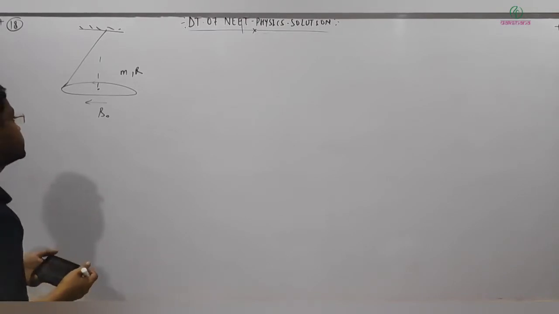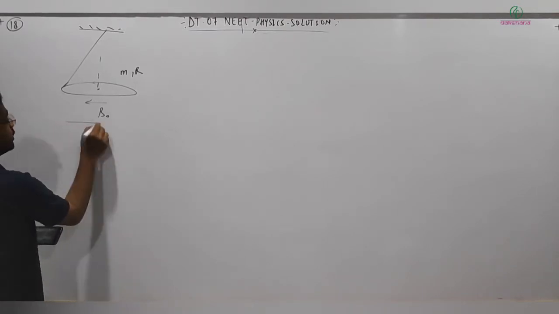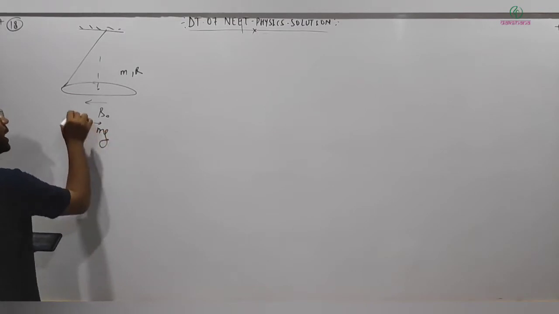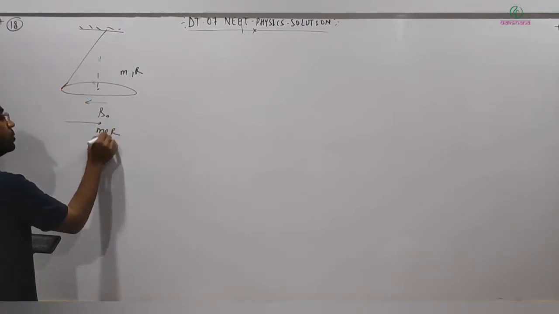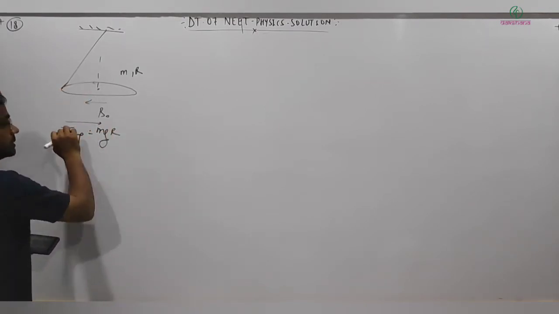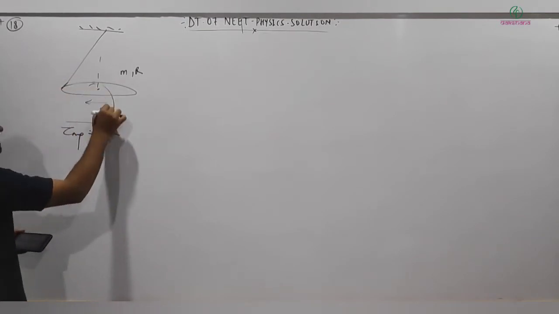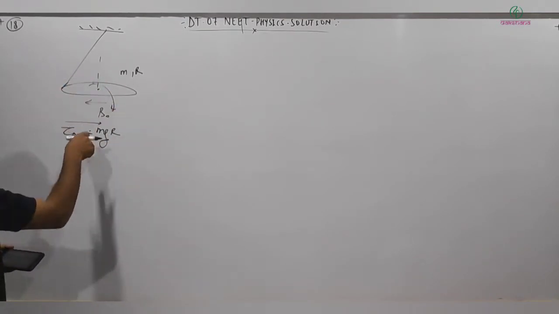So here, what is happening is basically the torque due to mg, tau mg, which is trying to rotate it, basically tilt it downward.